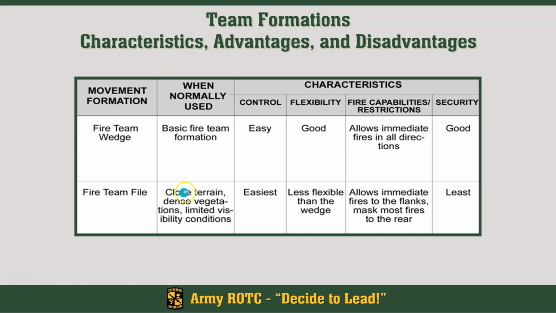Whereas the fire team file, used in dense vegetation, has the easiest control as far as movement goes. It's less flexible than the wedge. We have immediate firepower to the flanks, to the sides, but we only have one person in the front and one person in the rear. That makes it more difficult and less secure.